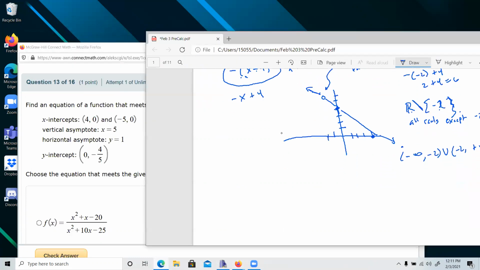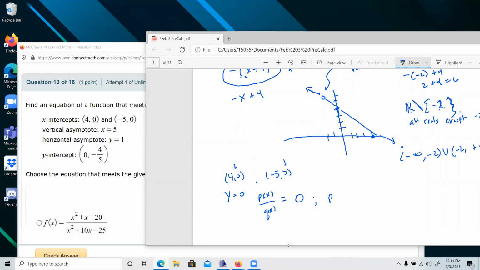They said the x-intercepts are at (4, 0) and (-5, 0). So that means x-intercept, when y is equal to 0, these are the x values, right? Regardless of whatever p of x over q of x is, that's a fraction, we set it equal to y, 0.